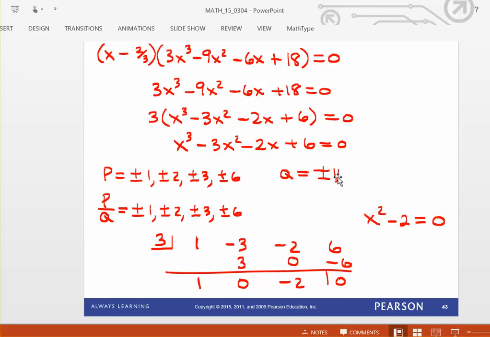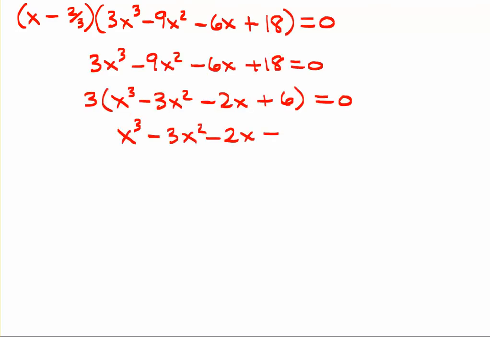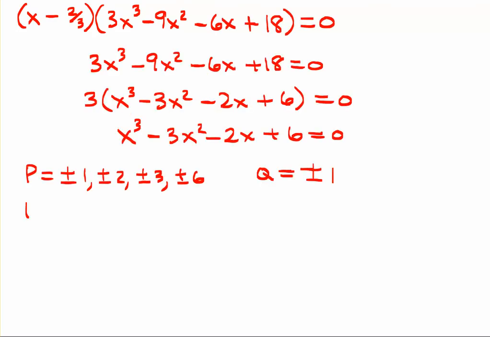Let me correct that. P over Q is just the P values, just the way they were, because a divisor of 1 doesn't change anything. It's all yours here. Can you plug in some values? Tell me which one works.